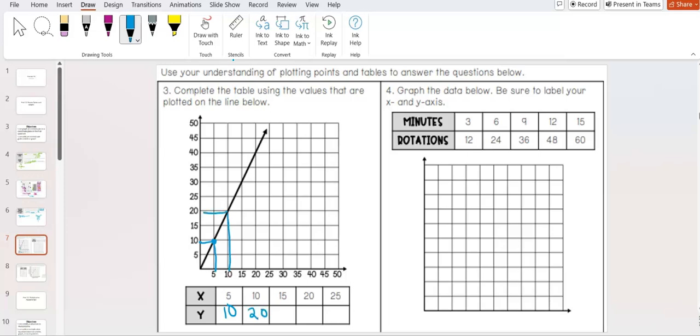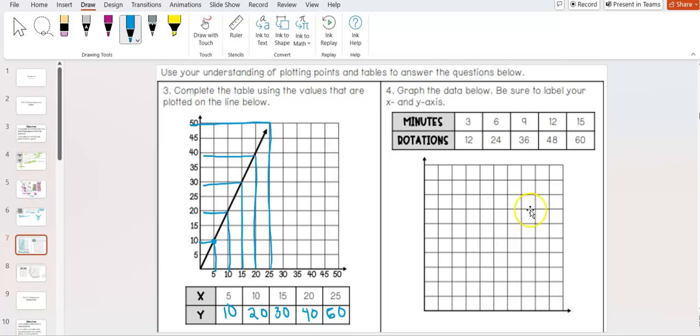You'll probably start to see a pattern because we have a straight line. Straight line graphs usually have a pattern to them. If x is 15, then y is 30. If x is 20, y is 40. And if x is 25, y would be 50. That's how we fill out a table from a graph.